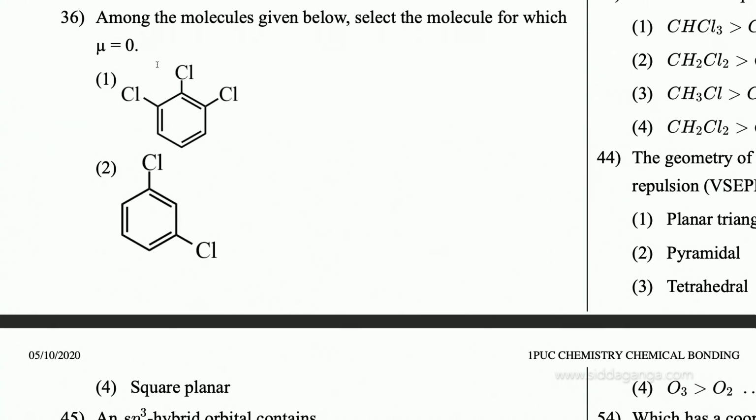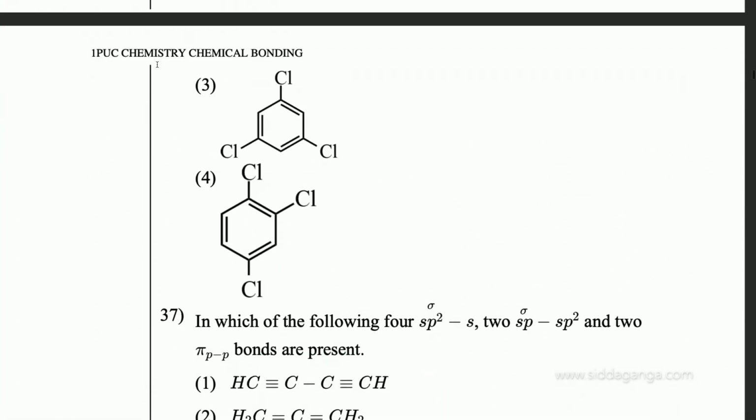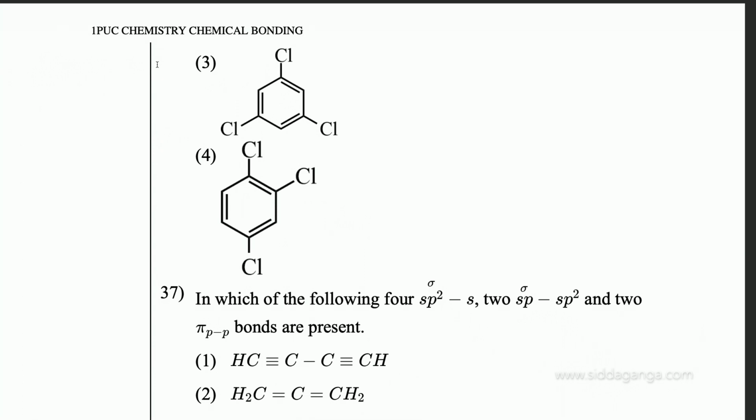The first example is like this, Cl, Cl, Cl, and the second one, and the third one, and at last the fourth one.